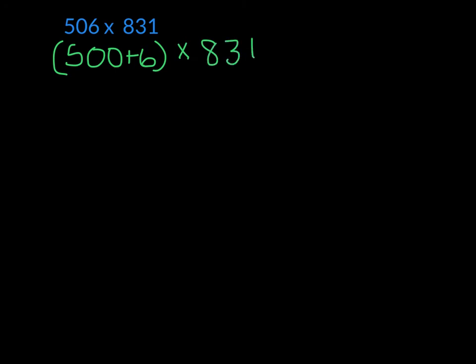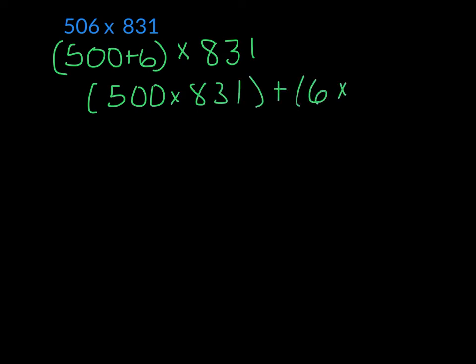Now I'm going to distribute this 500 and the 6, both of them, to the 831. So I will now have 500 times 831 plus 6 times 831. Remember, with the distributive property, you're distributing the number.